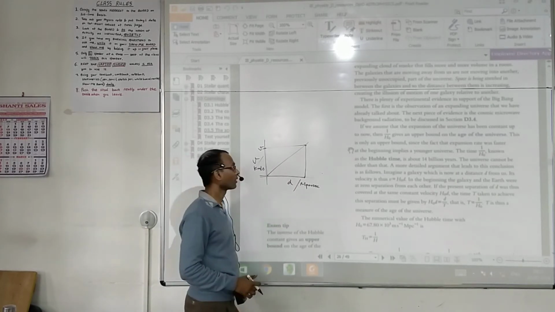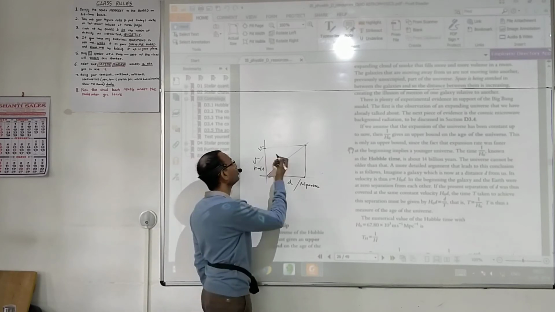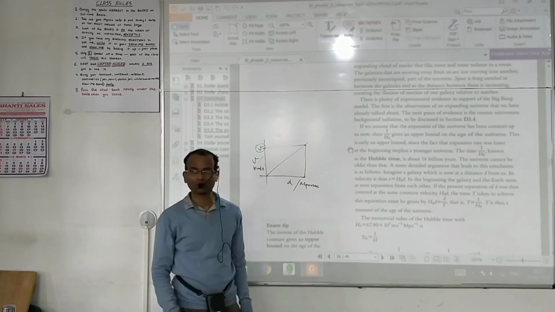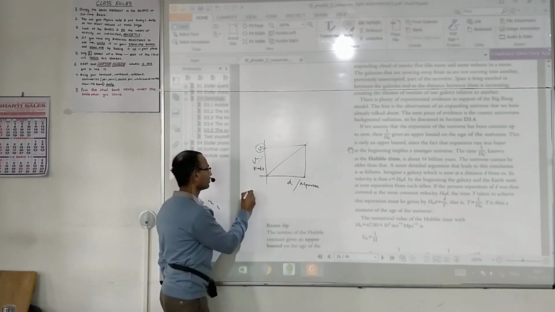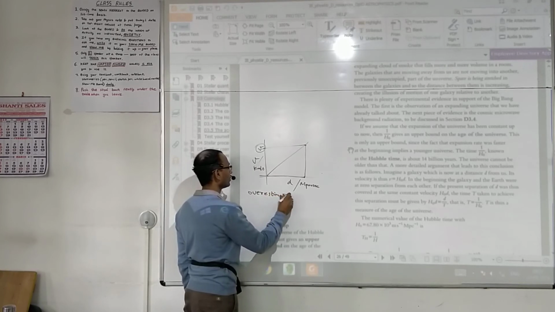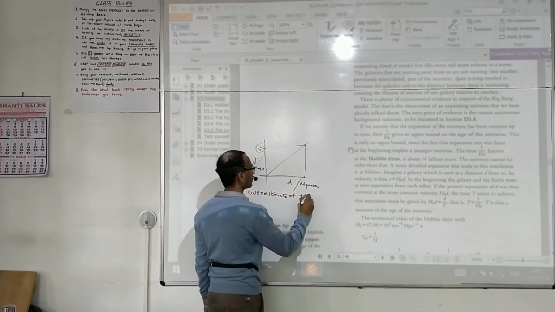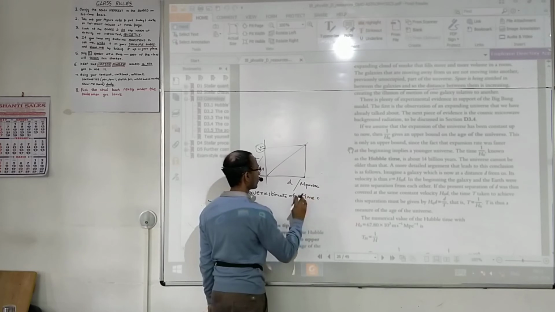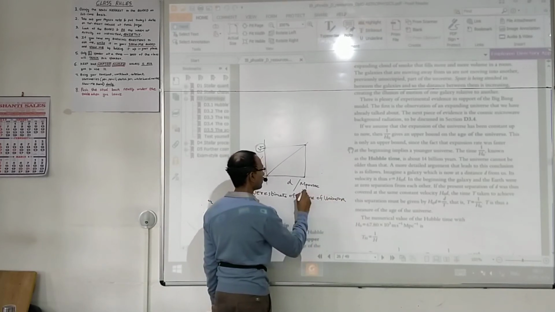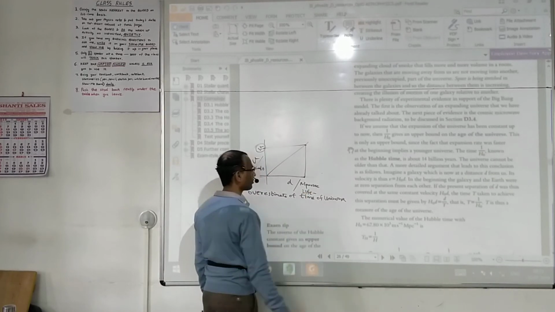Now if you assume that it has been traveling at the same speed as right now, we are going to get an overestimate of the lifetime of the universe.